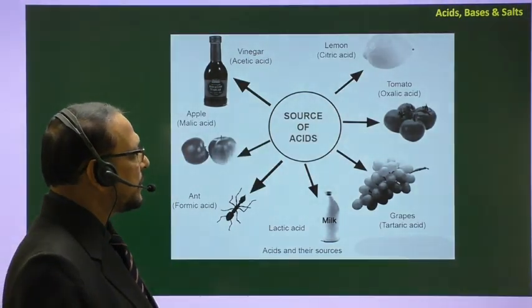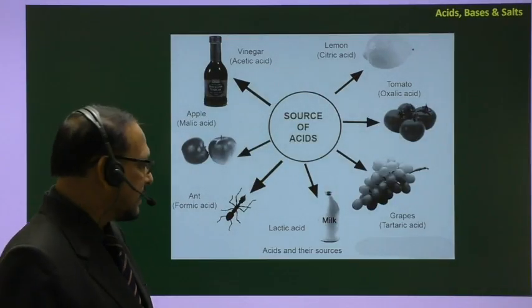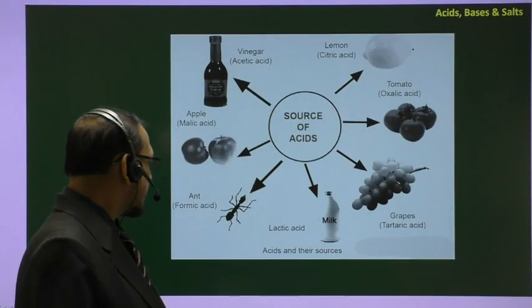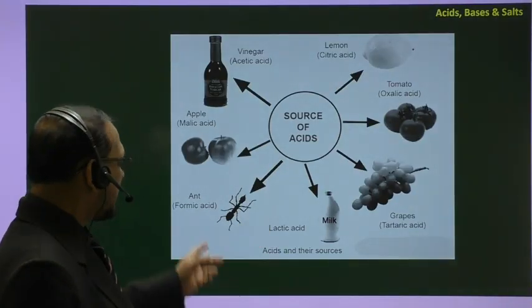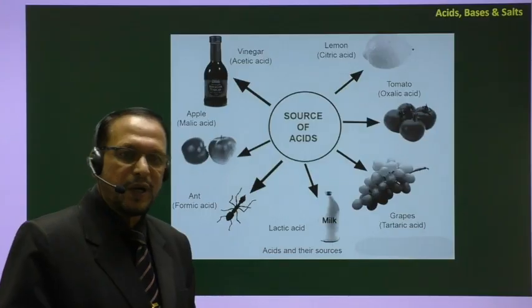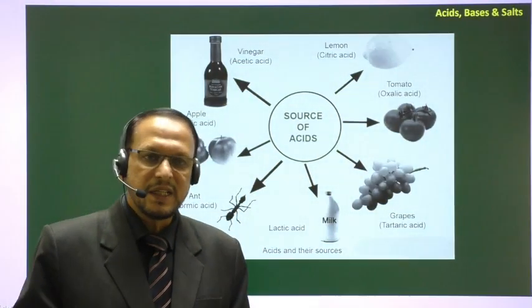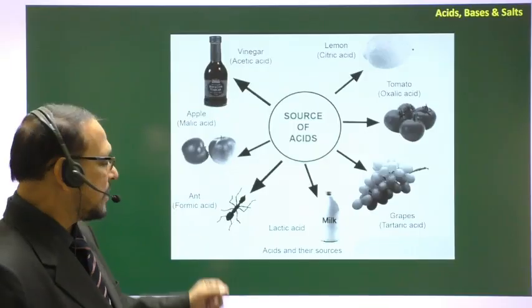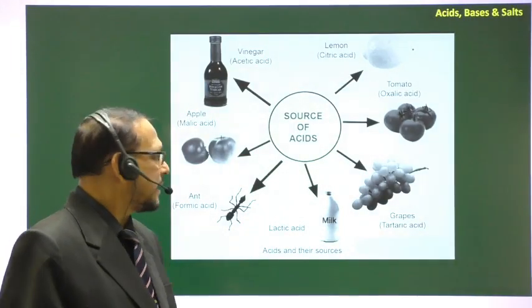It is oxalic acid. Grapes contain tartaric acid. Milk contains lactic acid. Curd also contains lactic acid. And formic acid: when an ant bites, we feel irritation because it secretes formic acid.